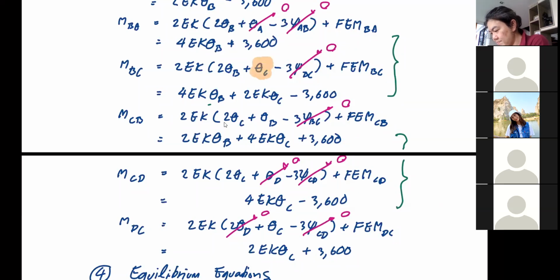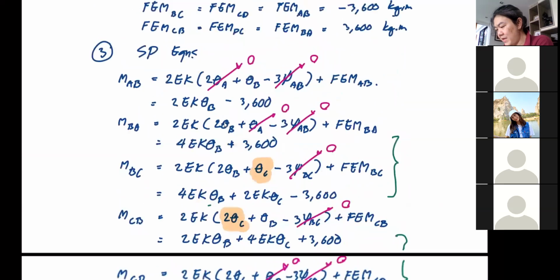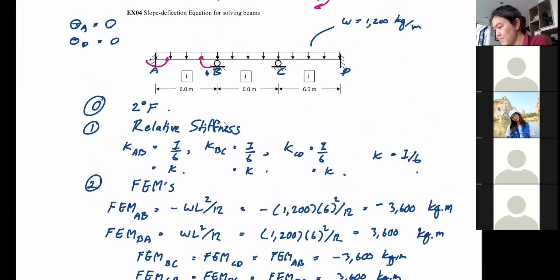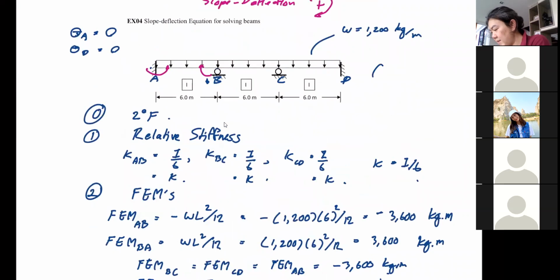This is your theta C, which you know is going to be equal to how much? Theta B is equal to minus theta C if symmetry is considered.